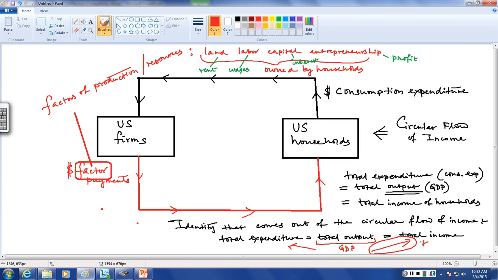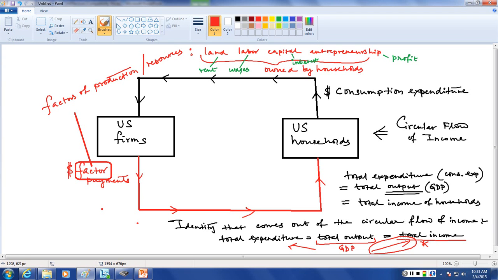And this will give you an idea why countries actually bother to calculate their GDPs. Countries take all the trouble to calculate their GDPs because GDP is equal to income. So when you calculate GDP, you are in a sense calculating the combined income of all your households.